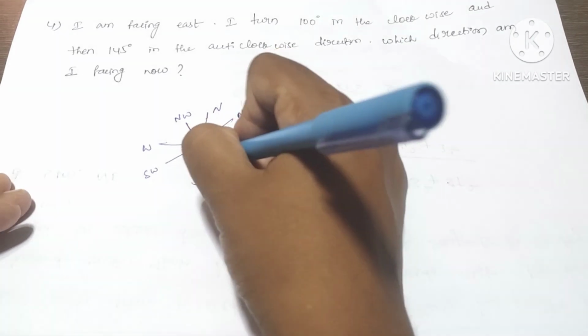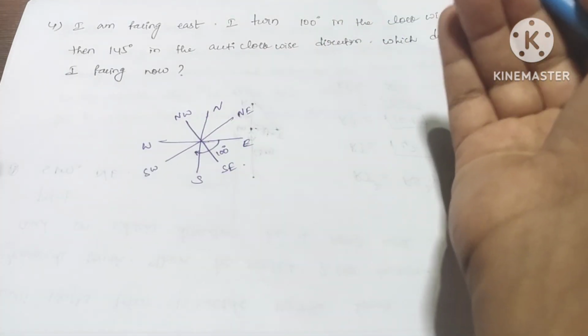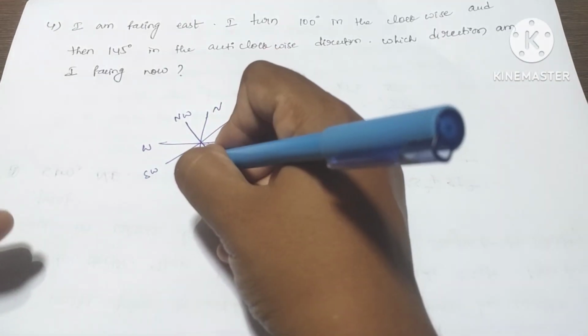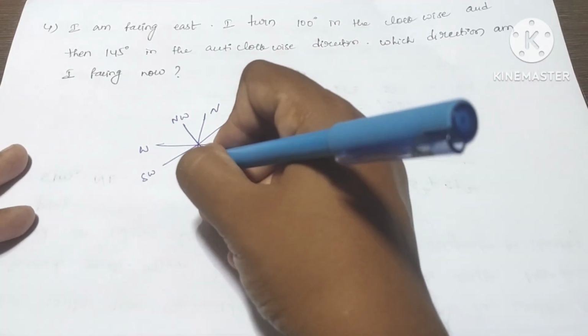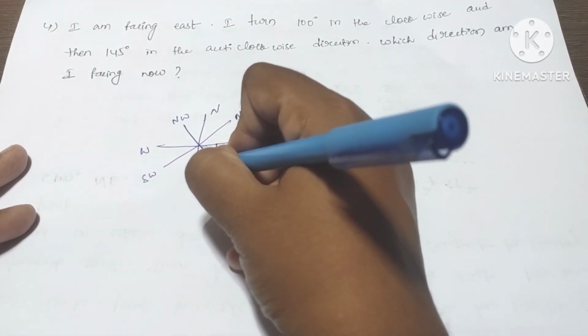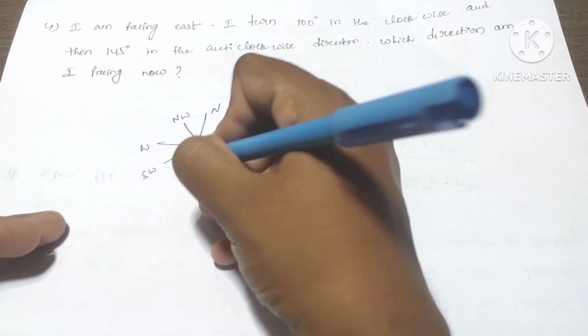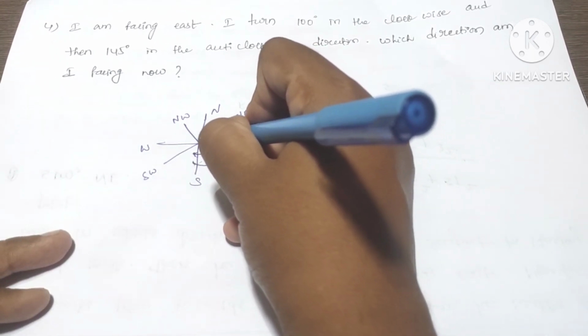Take it as 100 degrees in the clockwise direction. And then 145 degrees in the anti-clockwise direction. I am here now. From here to here we have to take 145 degrees in the anti-clockwise direction. Here to here it's 100 degrees, as we already know, and from here to here we have to take 45 degrees.